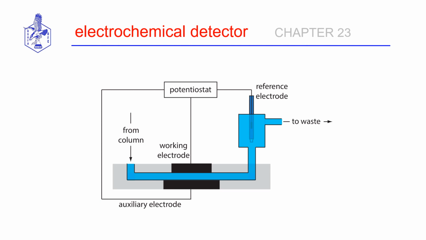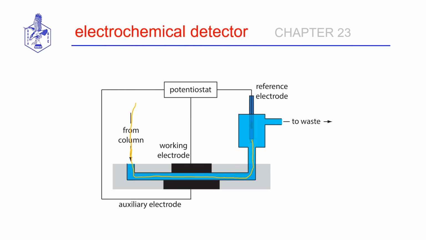Another option for detection to interface with a liquid chromatograph is an electrochemical detector. So all of the wonderful methods that we learned about electrochemistry can be exploited for use in detection of the components coming off the end of the column. Once again, the solution of our analyte species and the mobile phase are going to populate a flow cell.